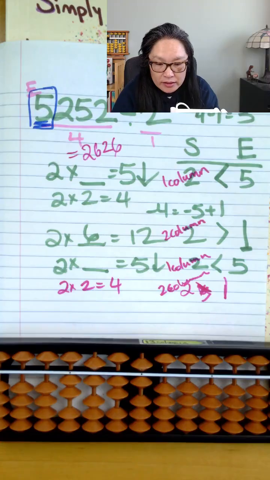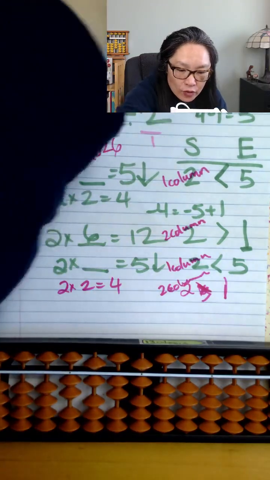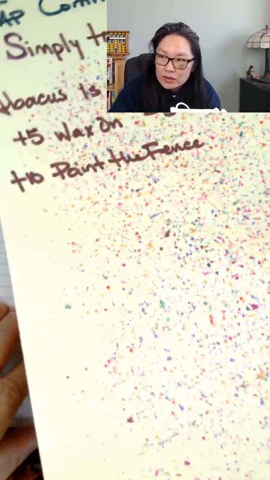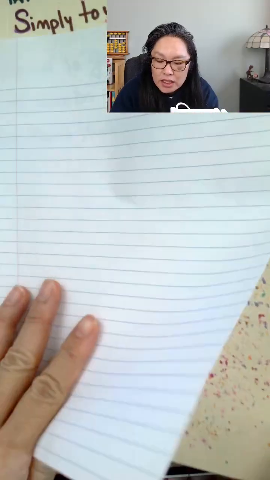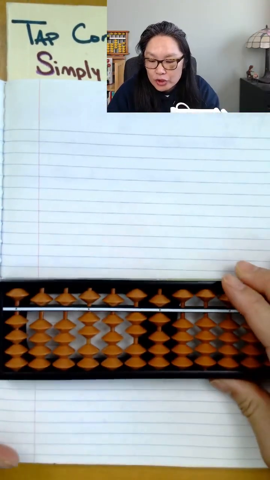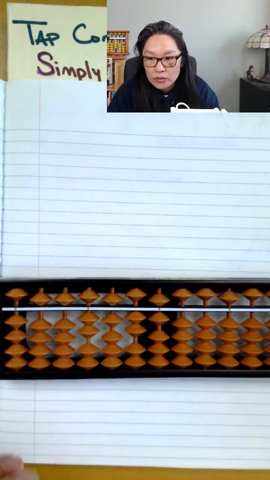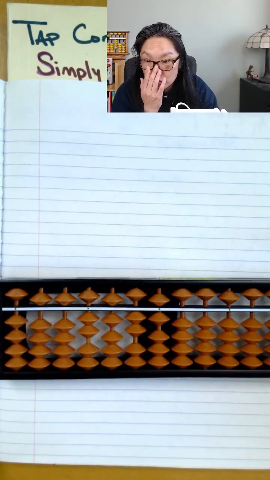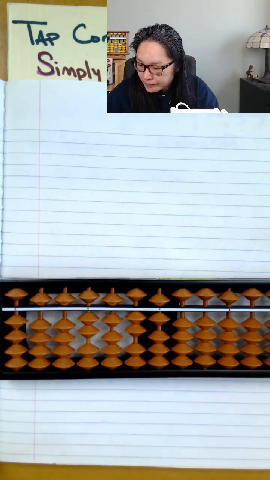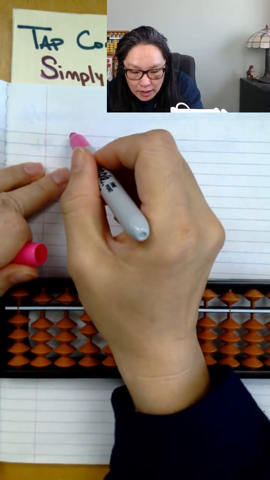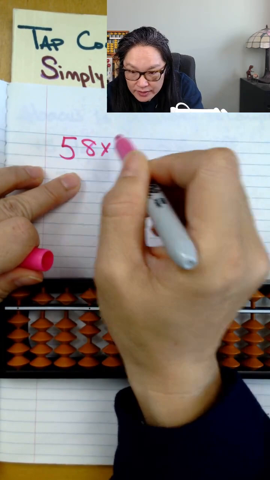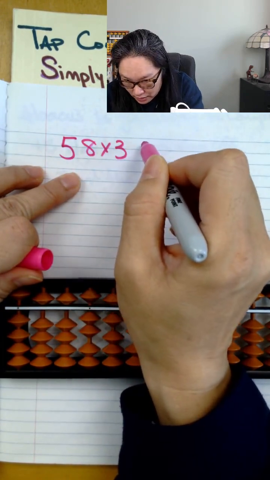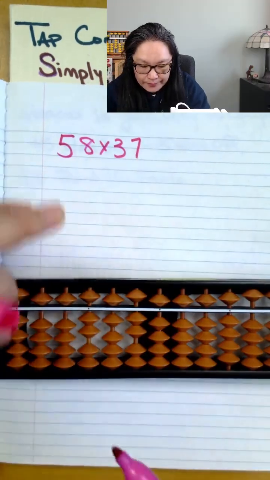Is multiplication easier? Multiplication is easier for what it is. We can do that, but it gets complicated the more numbers you do, right? So we can do a multiplication question. Let's do this one: 58 times 37.